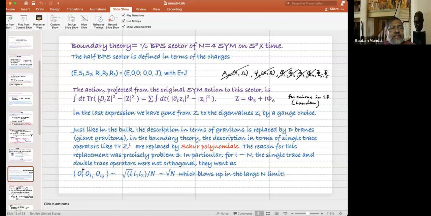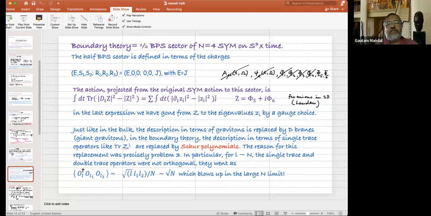Okay, and the action governing this Z variable, which you can derive from the original SYM action, as you know, the literature on giant gravitons describes all this, but there's an absolutely beautiful paper by Suchia et al. back in 2004-5 something, which discusses this matrix model.